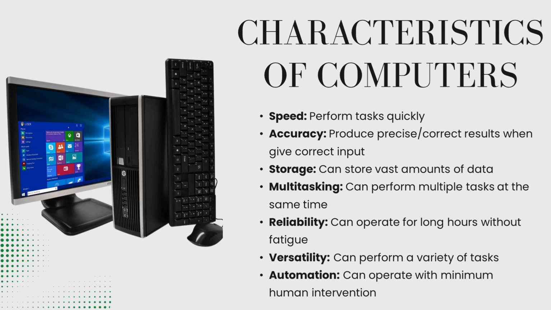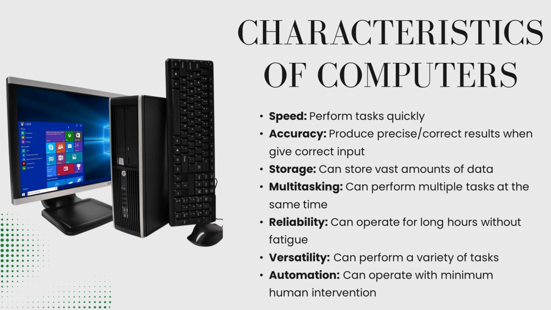Now, let's go on and look at the characteristics of computers. Computers are fast, okay? They perform tasks quickly. Let's use a good example of your class teacher. Your class teacher has a class of 50 students, and has to find the total marks for each student. He also has to find the average of the total marks of the students, and also grade the students accordingly.